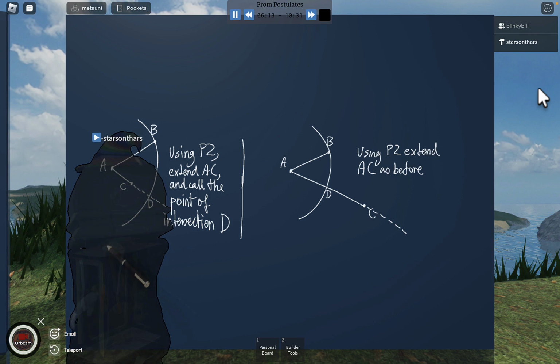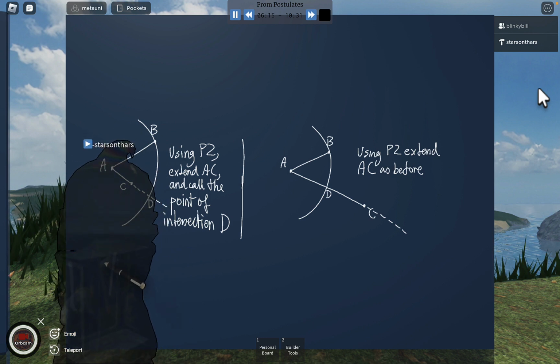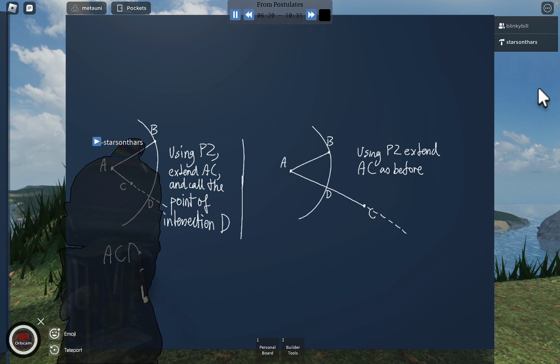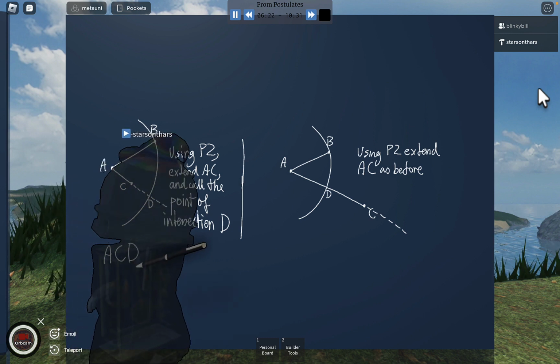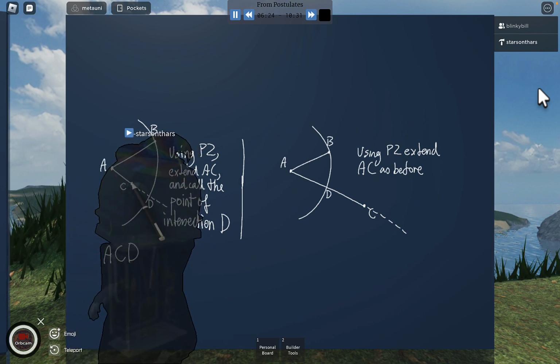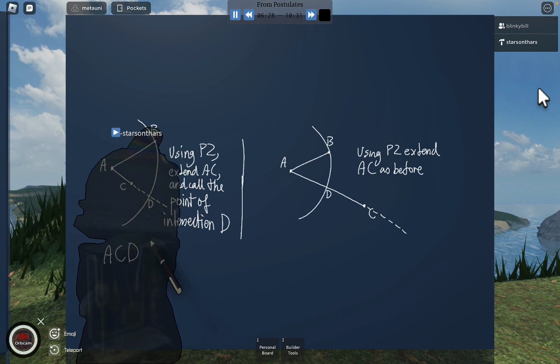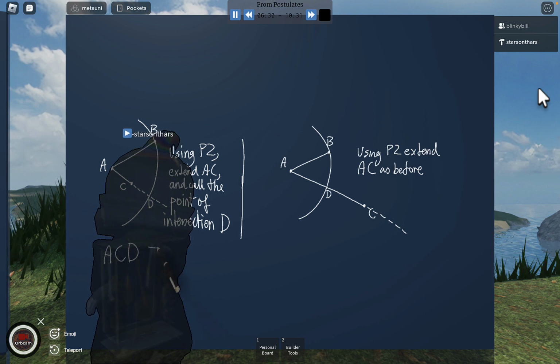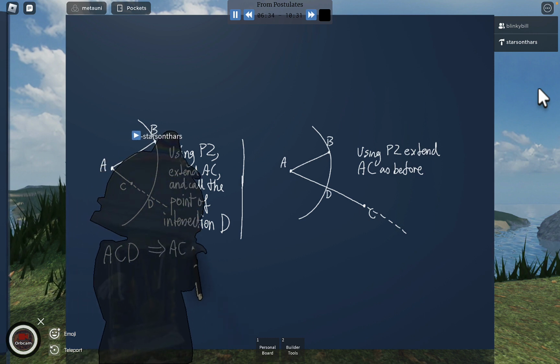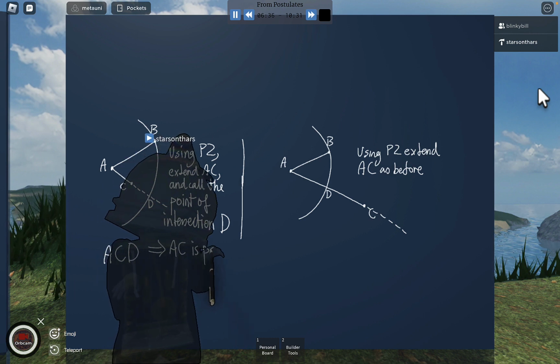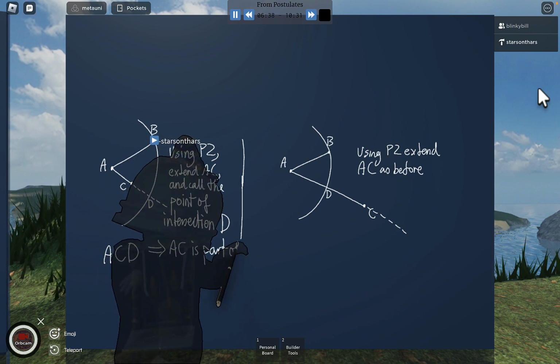If the points are arranged in the order A, C, D, well, that means that the line AC is part of the line AD. So in that situation, AC is part of AD in the literal sense.